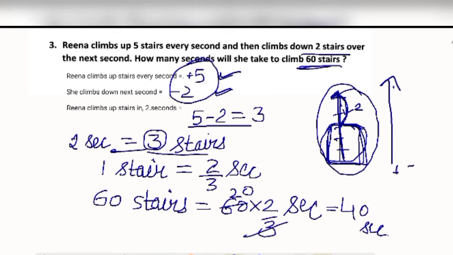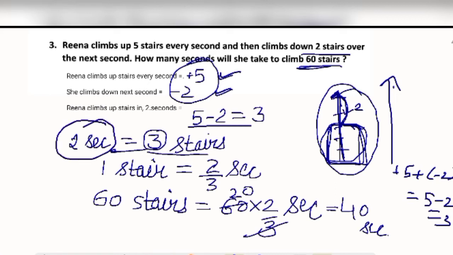Plus 5 plus minus 2, when you add them you get 5 minus 2 is 3. Now 3 stairs she climbs up in 2 seconds. To find for 1 stair, you will divide, 2 divided by 3 seconds. For 60 stairs you will multiply by 60. Here you get the answer, this is 40 seconds.